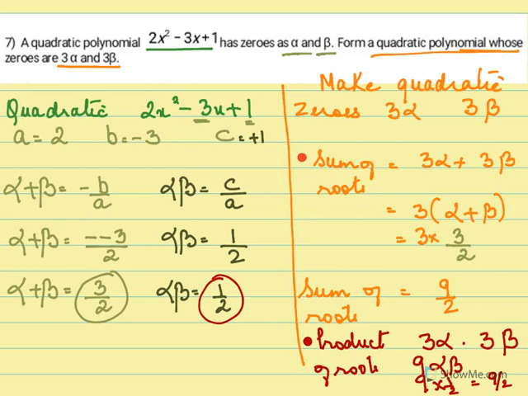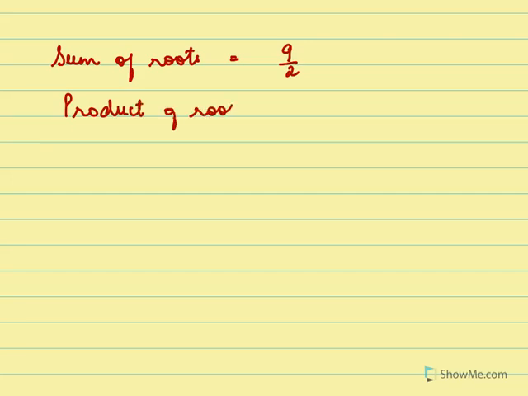So now we have the sum and the product of roots. We can't write alpha plus beta because we've used alpha and beta already. The sum of roots is 9 by 2, and the product of roots is also 9 by 2.